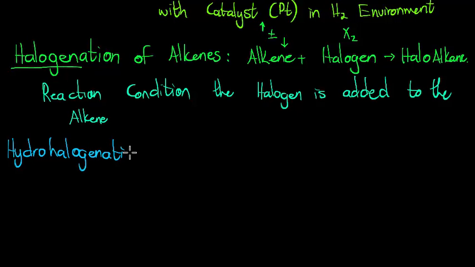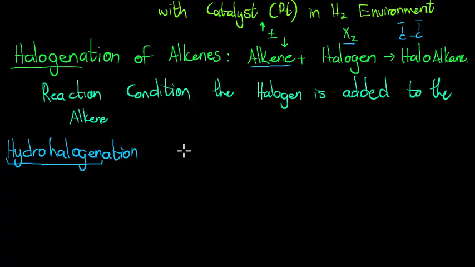So in halogenation, we made of an alkene a dibromo or a dichloro, because we have two chlorines or bromines or iodines or fluorines, and so it is di, meaning that there are two carbons that will get a halogen. In hydrohalogenation, we are adding both a halogen and a hydrogen.